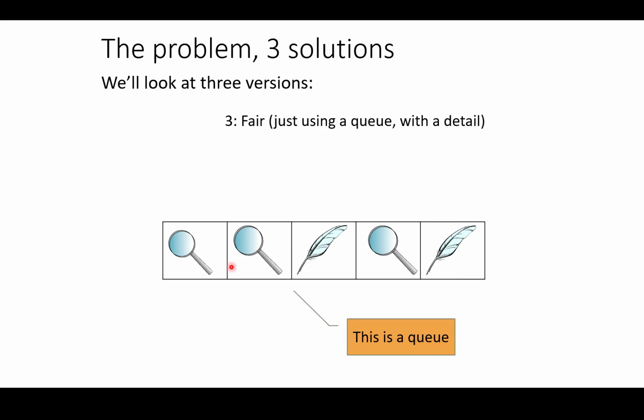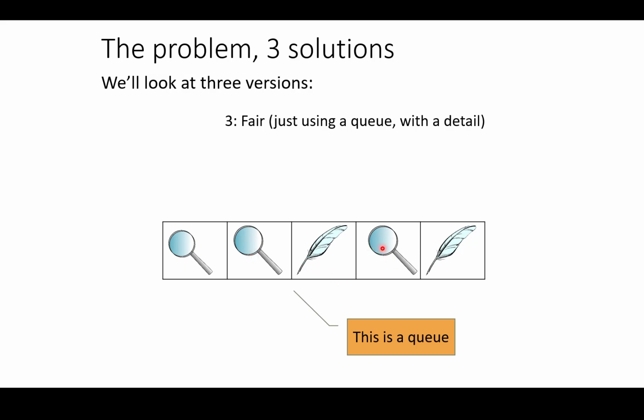And the third solution is a more fair approach. We're using some kind of optimized queue. So whenever you want to access the shared resource, you get put in the queue. The director will then take the next one out of the queue, and if it's a reader, it will also check, is the next one also a reader? Okay, you both get access. And then the next one, okay, that's a writer, so only you 2 guys get access.